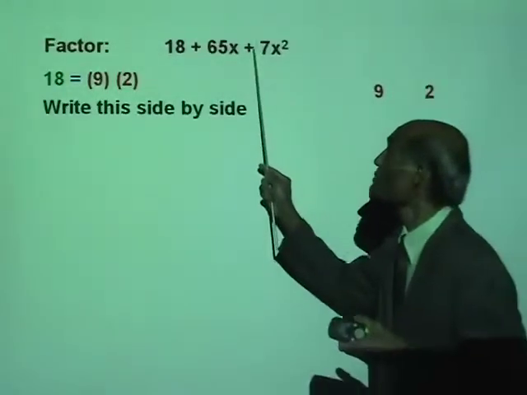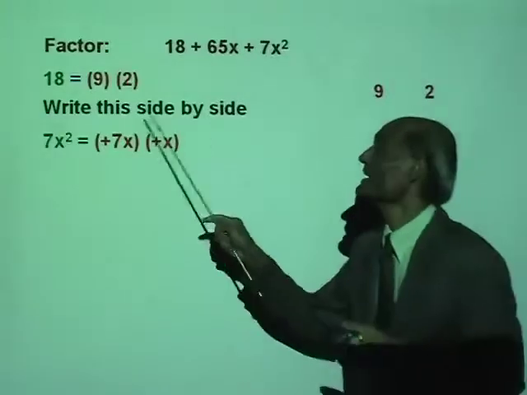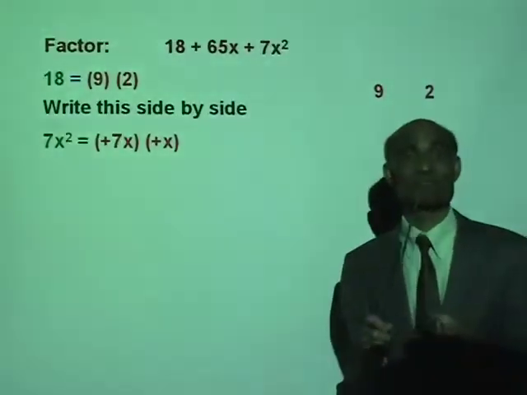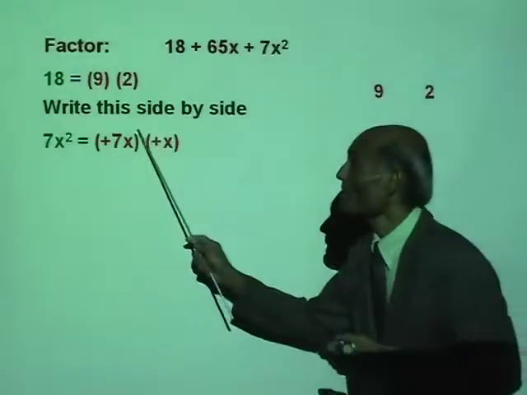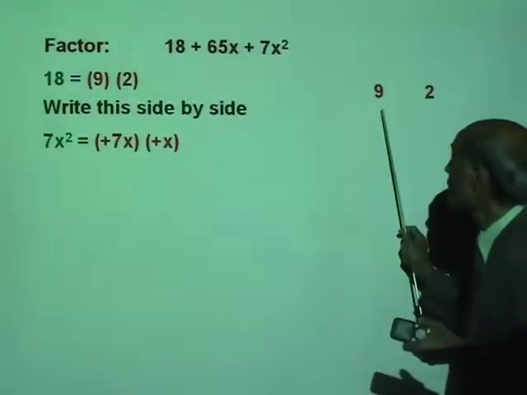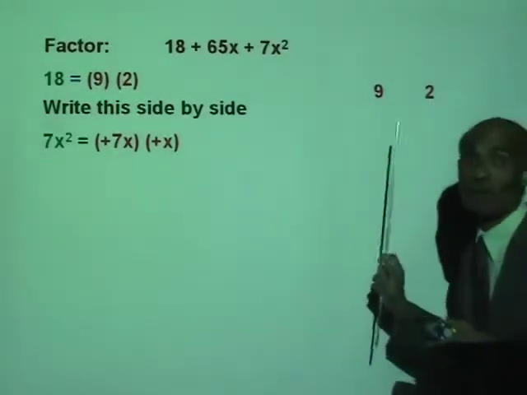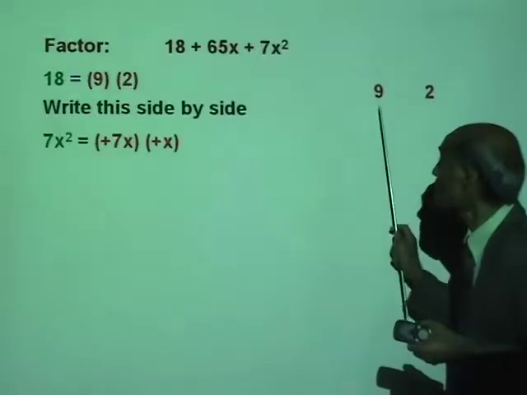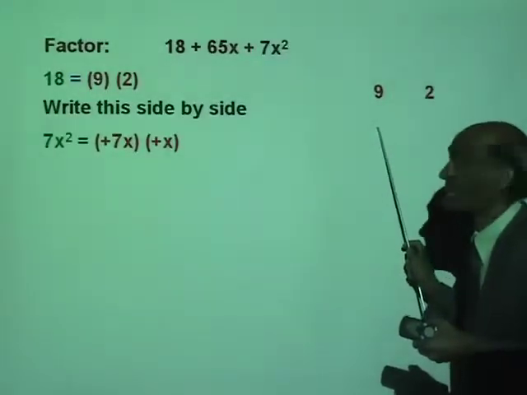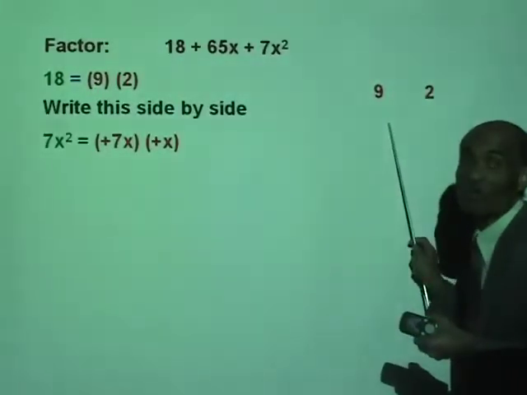So how am I going to factor this term 7x squared? It is positive 7x times positive x. Alright, where am I going to write this 7x? Am I going to write it below 9 or below 2? Well, I cannot write it below 9, because then that 7 is going to multiply with 2. That is not what we want.